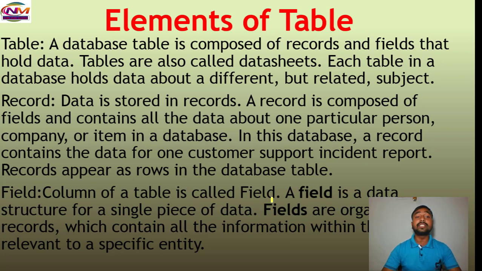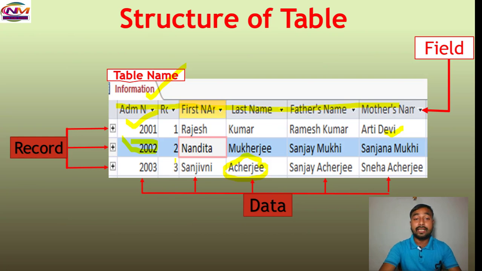The next one is record. What is a record? Data is stored in records. A record is composed of fields and contains all the data about one particular person, company or item in a database. Suppose we have taken different field names like roll number, name, class, section, mobile number, and after that we write all the information.